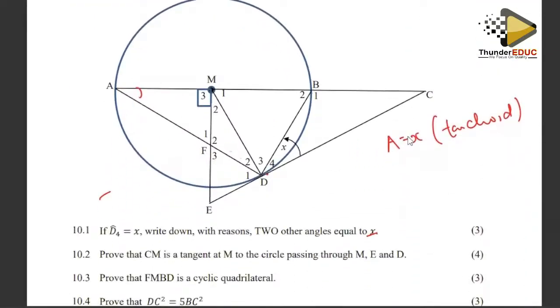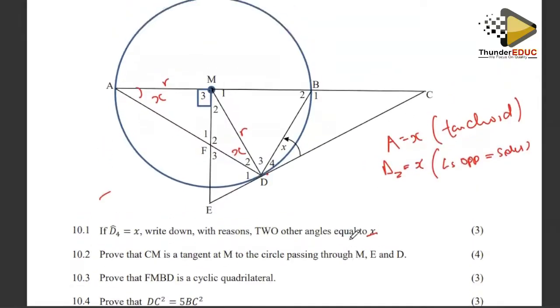Nothing, okay. So we're calling this X. If that is X, which means even D2 is going to be X. Angles that are opposite equal sides, because this is a radius, this is also a radius. If that is true, do we have any other X? I think that's all.